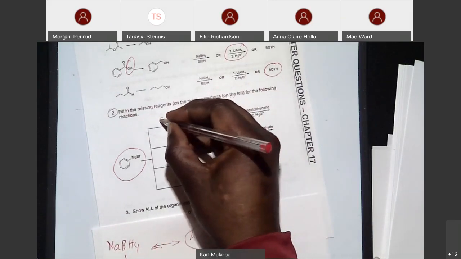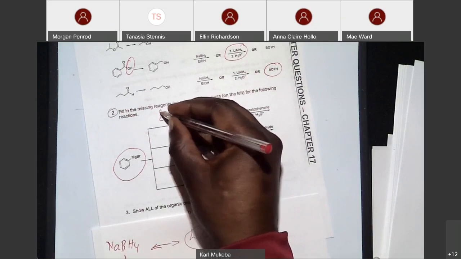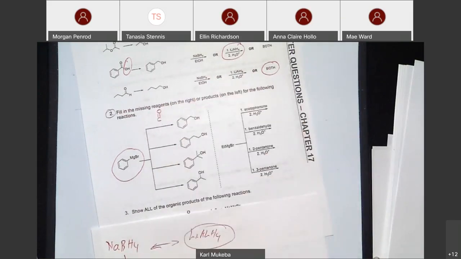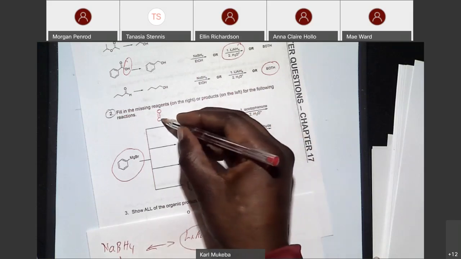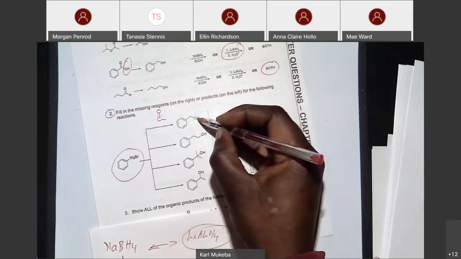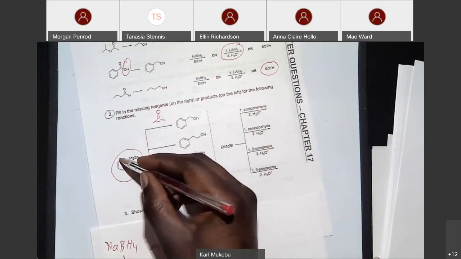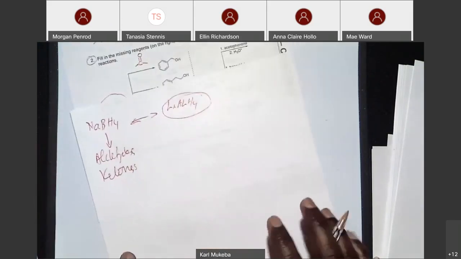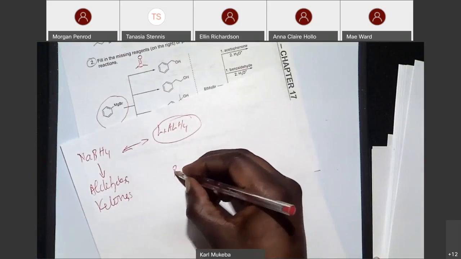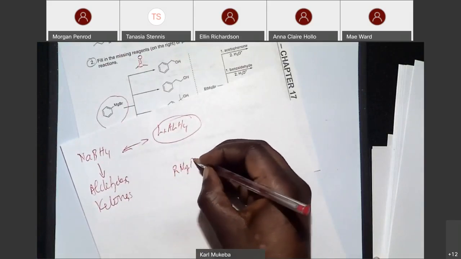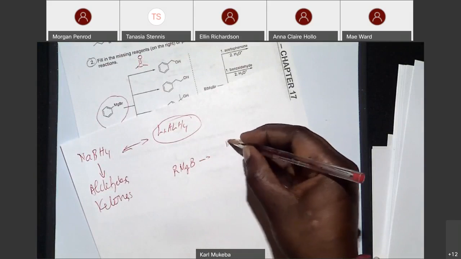First of all, you have to draw your carboxylic here. And then we know that we have OH. Keep in your mind like this: we have RMgBr with the carboxylic.